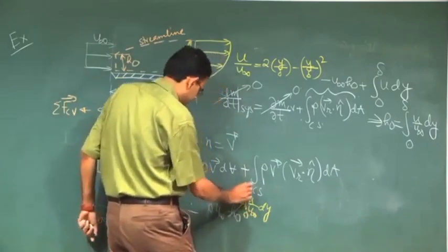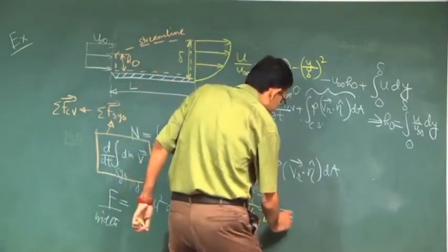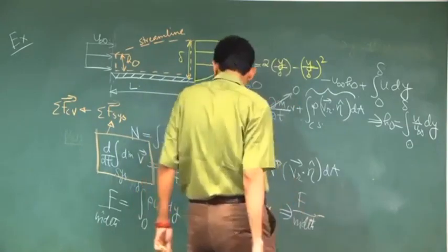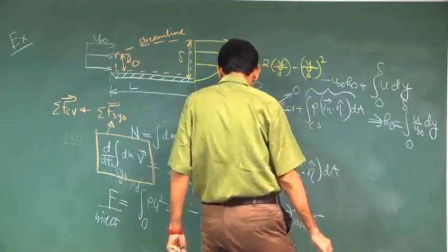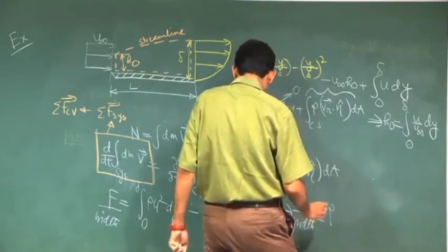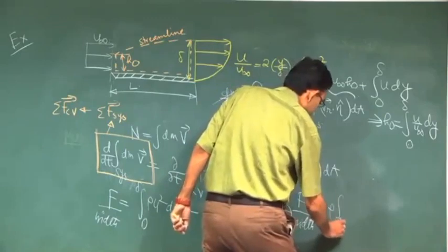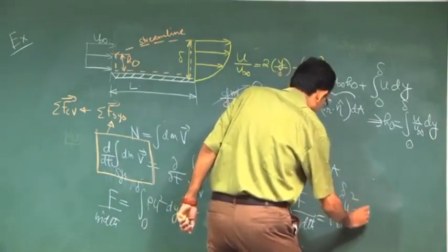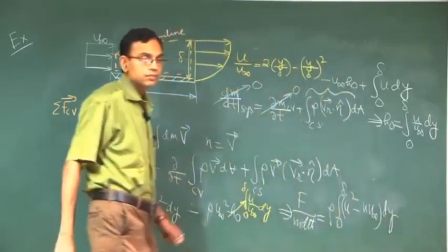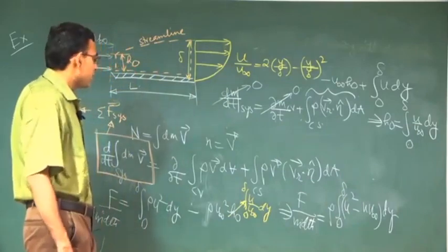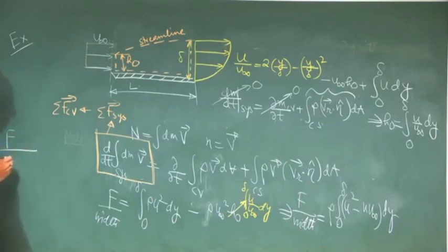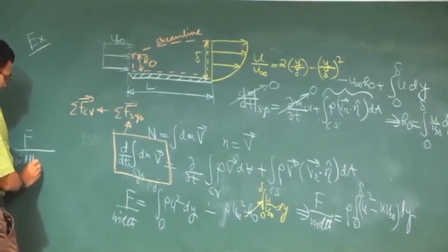integral 0 to delta. So F per unit width, rho is constant, you can express it in a simple way by dividing both sides by rho u infinity square, just normalize it.